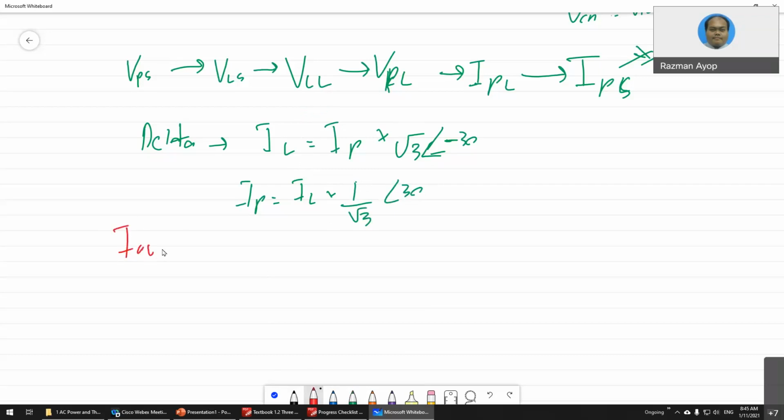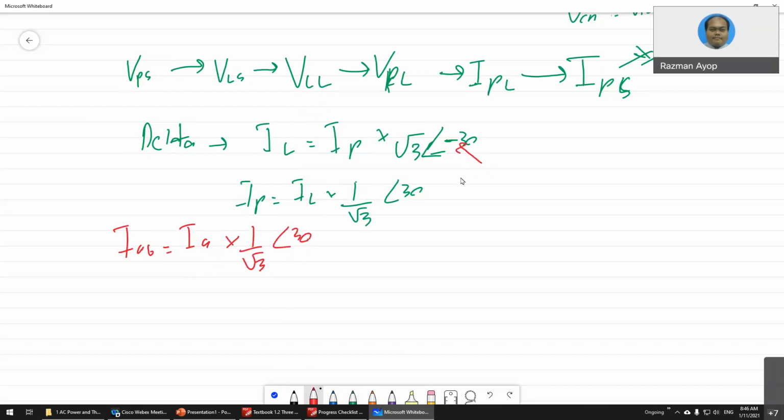So IAB is equal to IA multiplied by 1 over square root 3 angle 30 degrees.